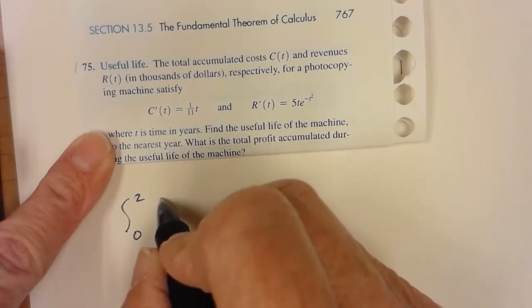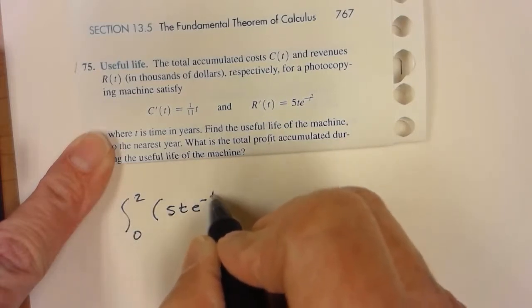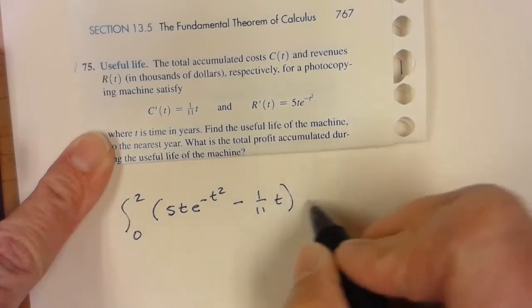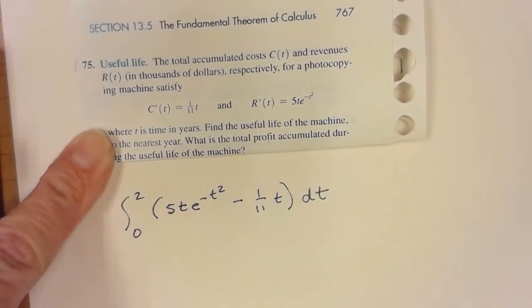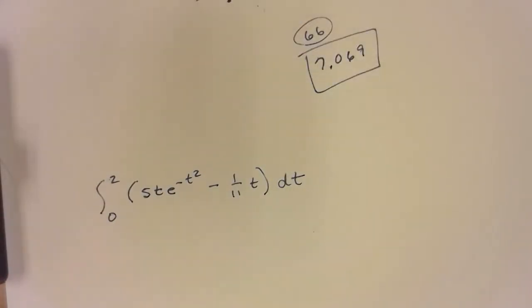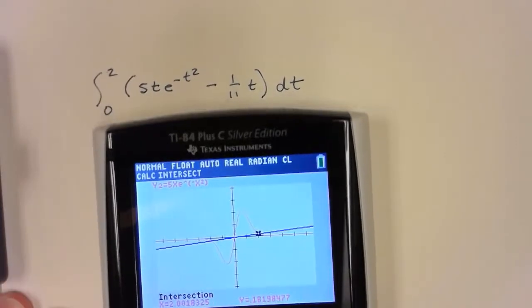You got to remember profit is revenue minus cost. So I don't want you to do these by hand. The big thing about the word problems is getting the setup. And once you've got the setup, then either go and draw it or put it in like I did a few minutes ago.